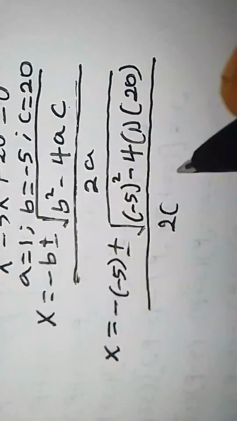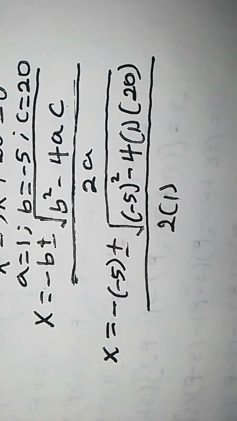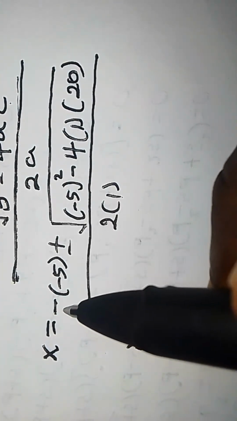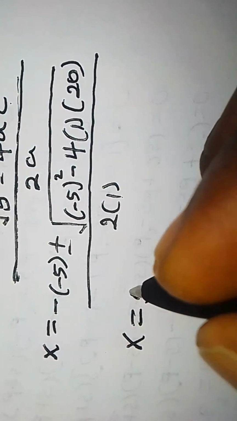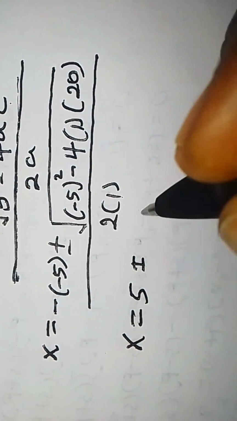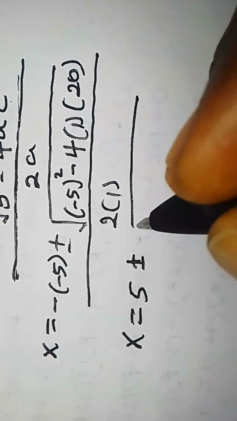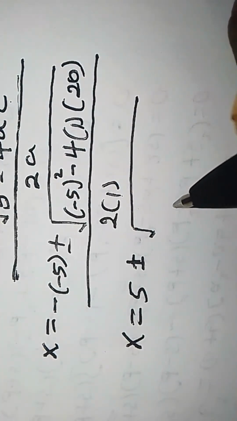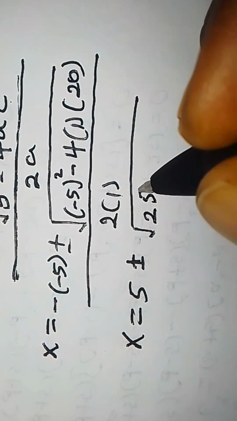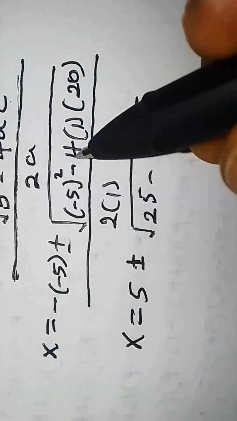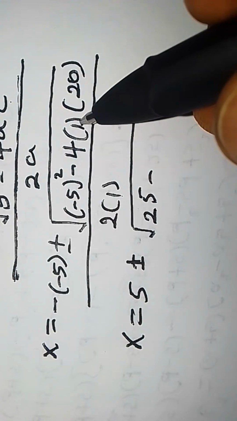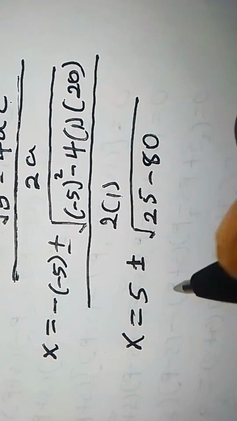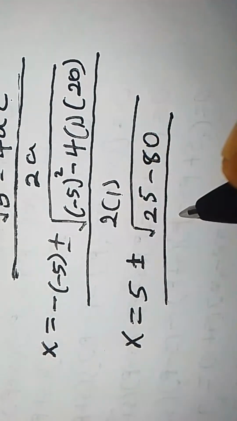A is simply 1. So we have 1. Let's continue. X equal to minus times minus 5, that is 5, plus or minus the square root of minus 5 all squared, that is minus 5 times minus 5, which is 25, minus 4 times 1, that is 4, times 20, that is 80, all divided by 2 times 1, 2.